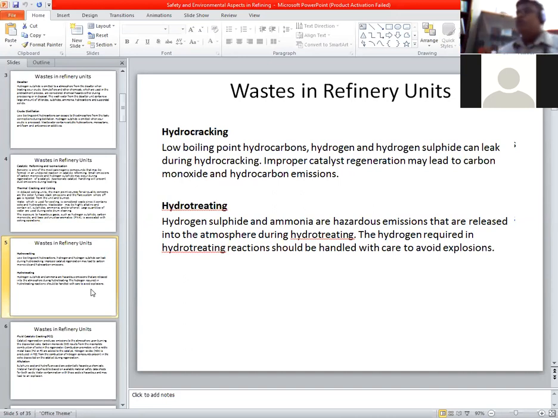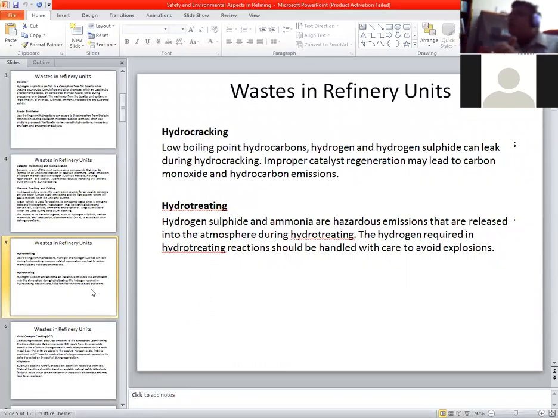Not only air pollution or only water pollution or only solid. A huge amount of solid is also produced. As I told, around 3 to 5 kg per ton of crude produces solid materials, sludge. So, water is also polluted, air is also polluted.